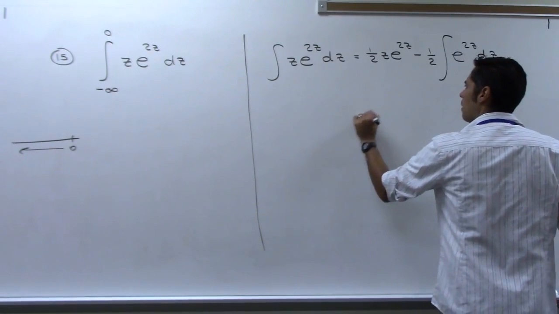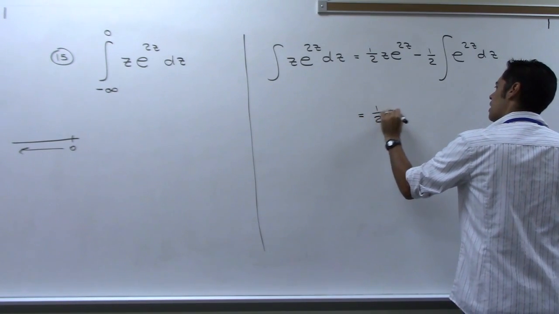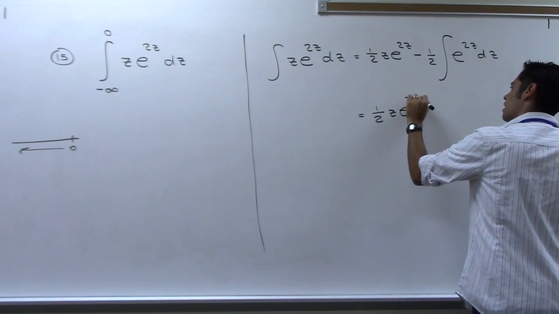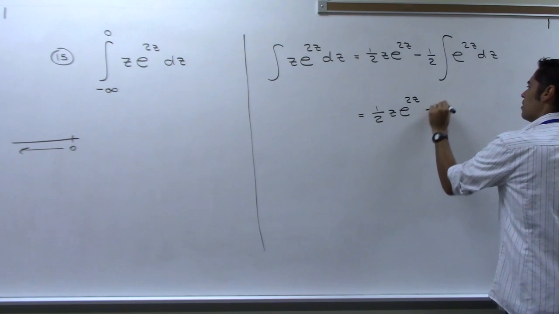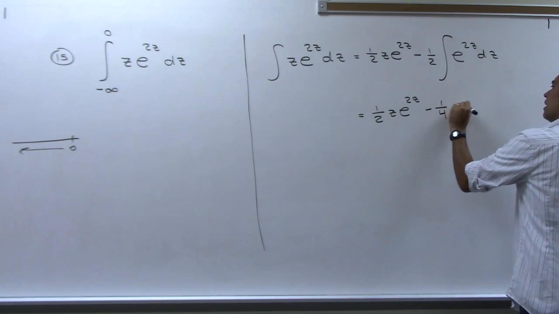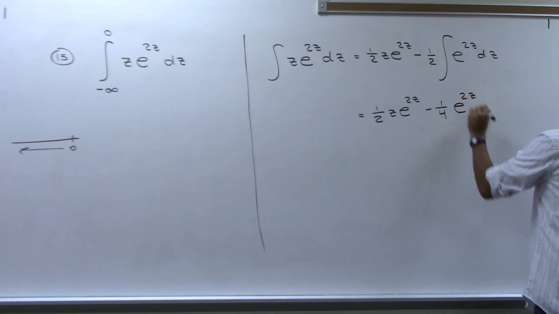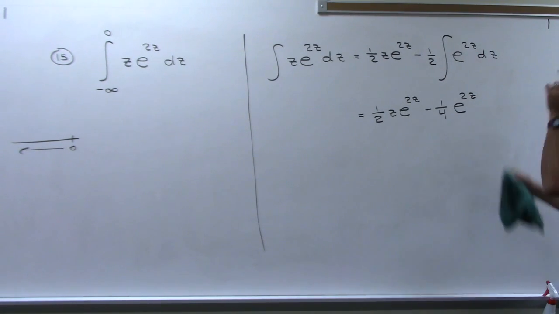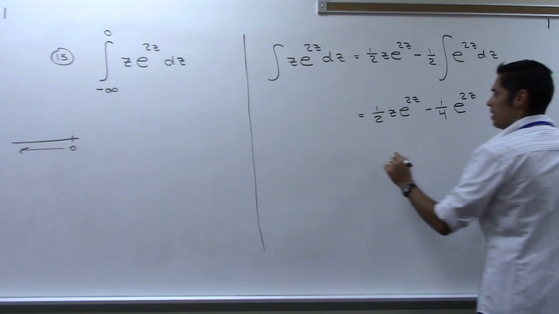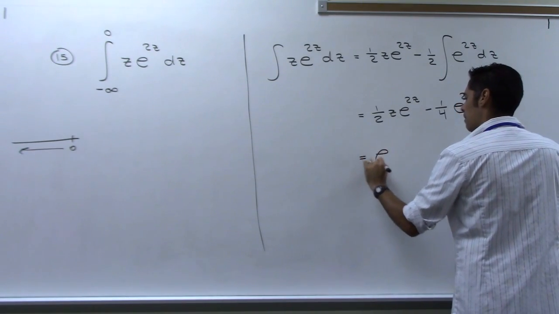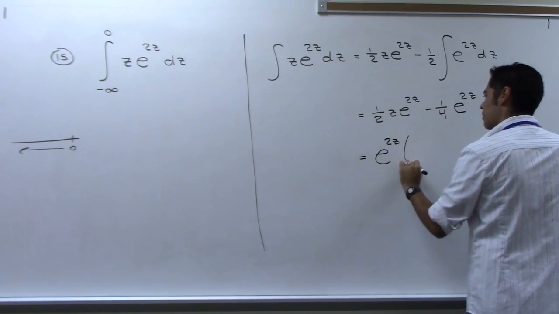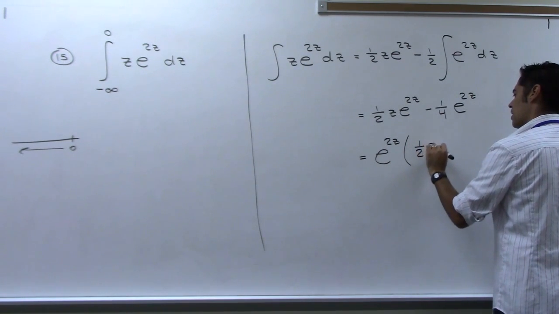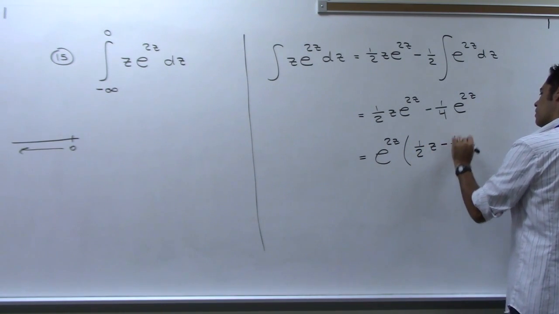So we get 1/2 z e to the 2z minus 1/4 e to the 2z. That 1/2 that came out joined up with this one. These both have an e to the 2z in them, so I'm going to factor out an e to the 2z and be left with 1/2 z minus 1/4.